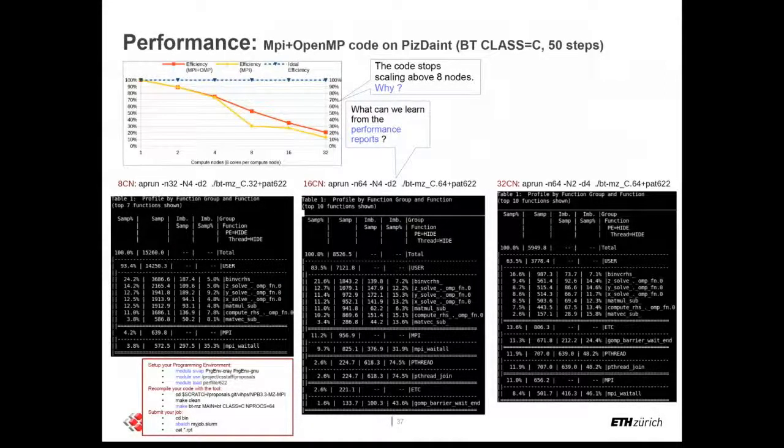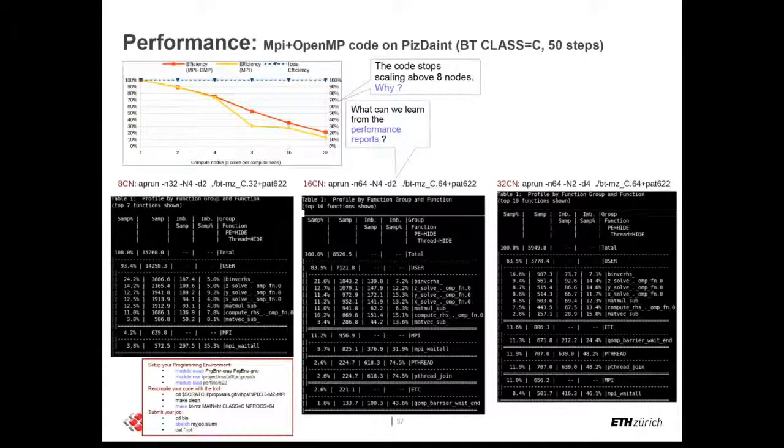If I move to a bigger job size of 16 compute nodes, I will get the same kind of results. So 80% in the CPU, the user part of the code, 11% doing communication. Here we see that we are beginning to see some timings from the OpenMP parallelization. And if you move to the biggest job size, same thing, you see that the OpenMP part and the communication part are also increasing.